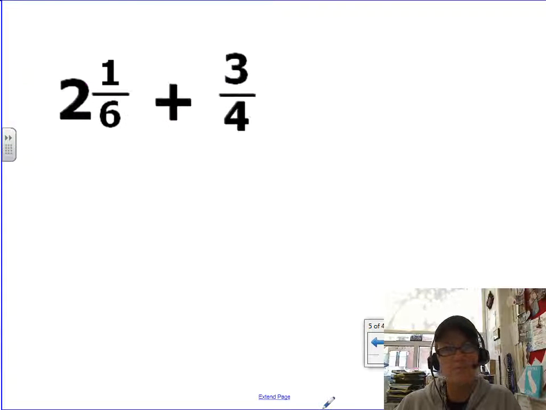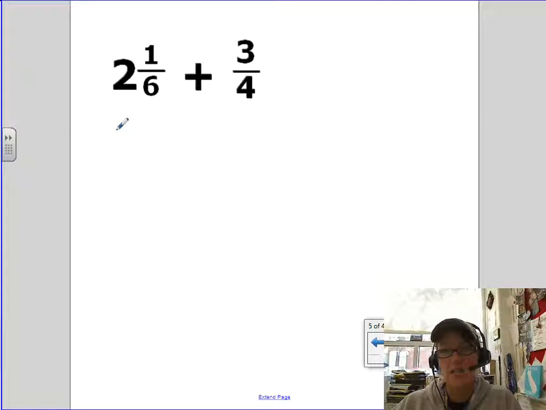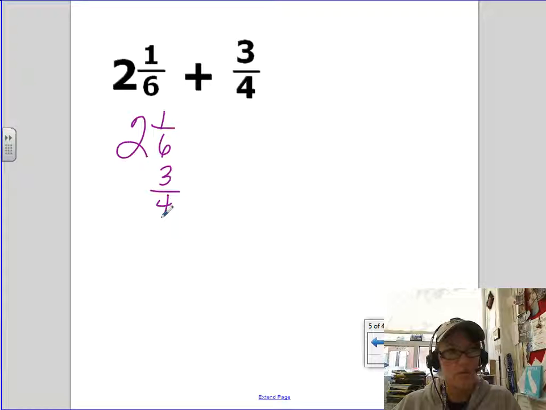Cool. What if you have something with mixed numbers? All right, so here's what I'm going to say. If you're adding, and we're adding mixed numbers, here's what I do. I just really hate doing things horizontally this way. I'd rather do my fractions vertically. So I'm going to write it like this first, okay? 2 1/6 plus 3/4.